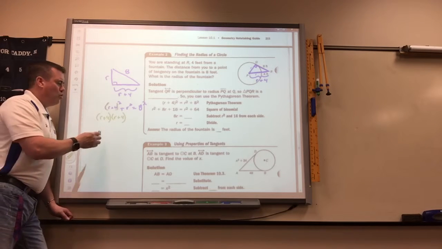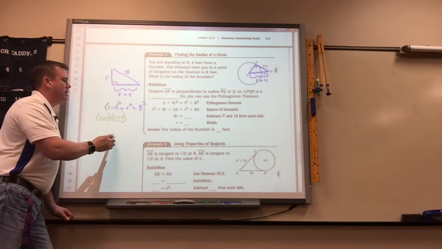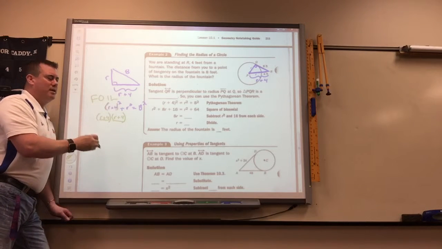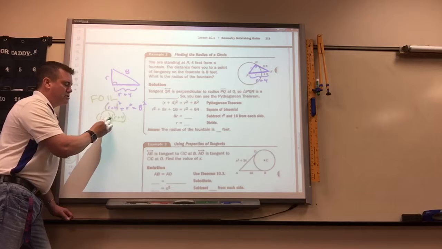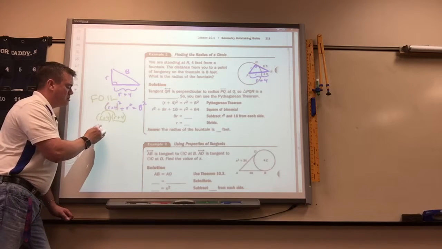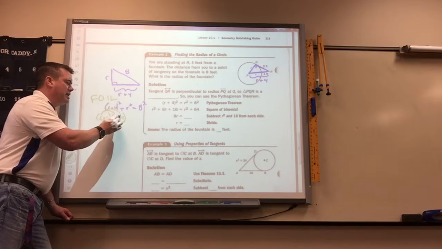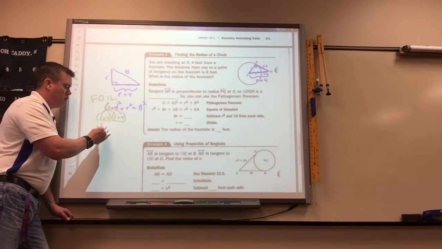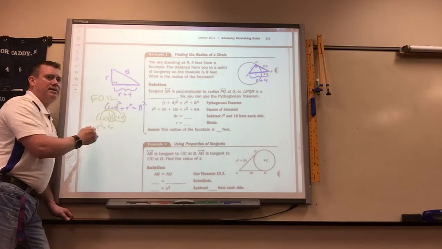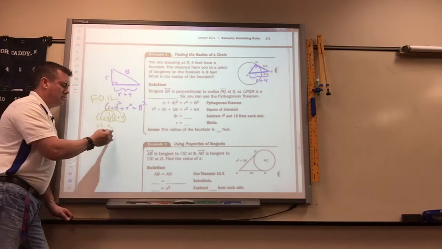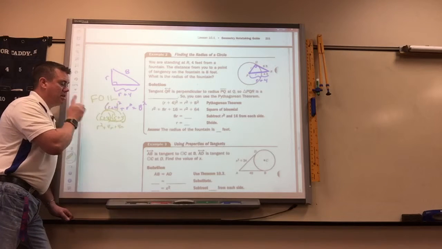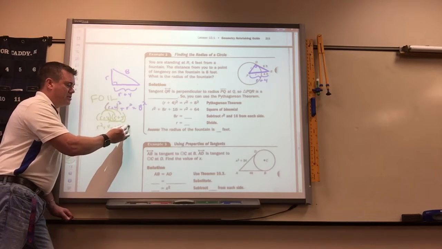When you've got a quantity times a quantity, you have to FOIL, if you remember foiling. You take the first times the first, the R times the R is R squared. The outside times the outside, R times 4 is 4R. The inside times the inside is 4 times R is 4R. And the last times the last, 16.